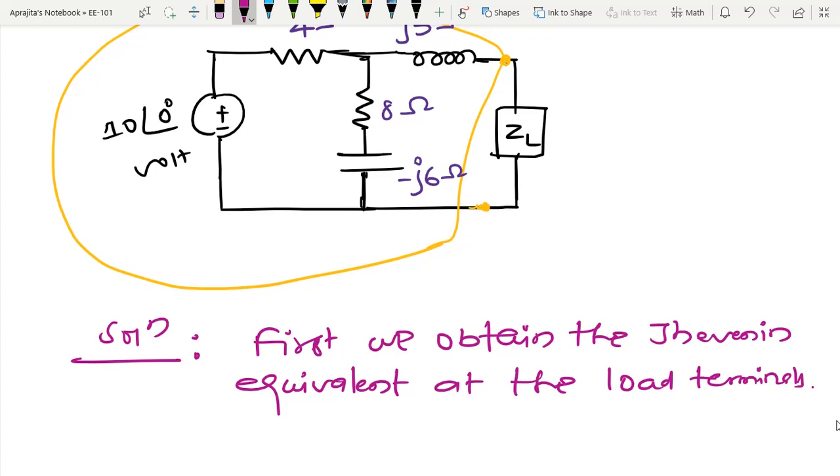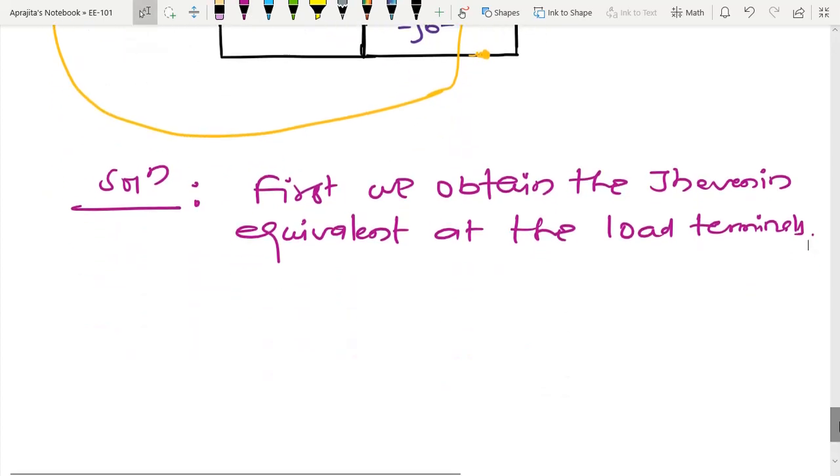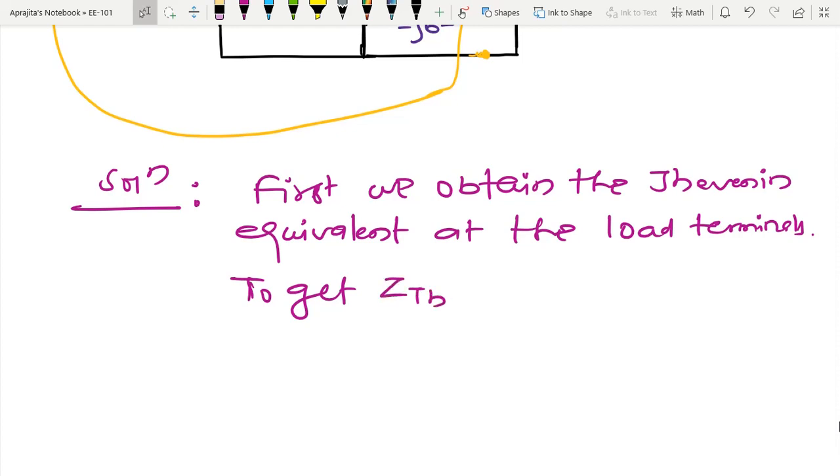In order to get ZTH, I have to proceed like this. To get ZTH, I have to redraw the equivalent circuit, and I have to replace the voltage source by a short circuit.